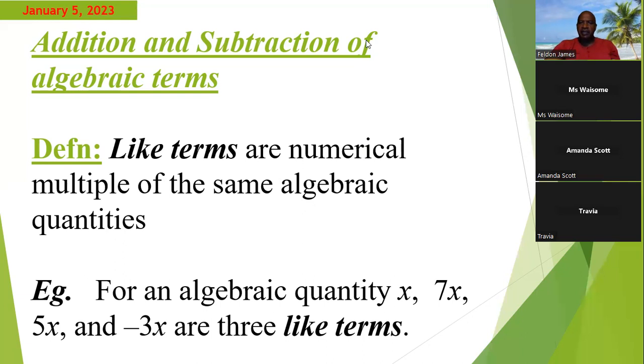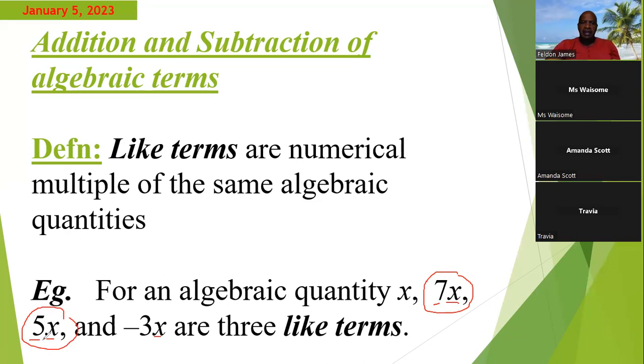The same algebraic quantity here has to do with the x. All of them have the algebraic quantity x, because this is the quantity of the unknown. But the coefficient tells you the multiple of x for that term.